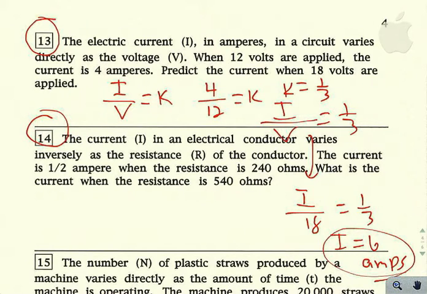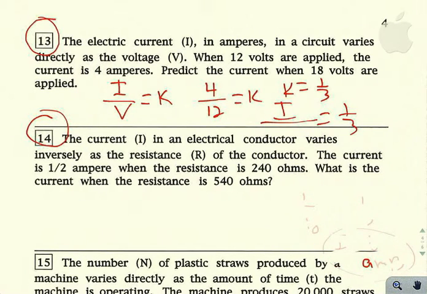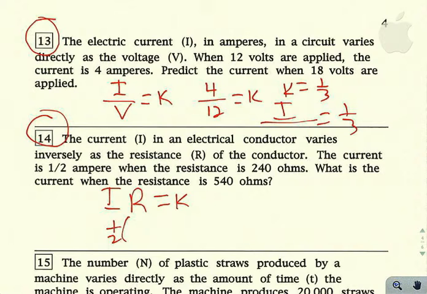Well, we need to erase some of that so we can do number 14. Number 14 says the current, I, varies inversely as the resistance. So IR equals K, and I is 1/2, and R is 240.